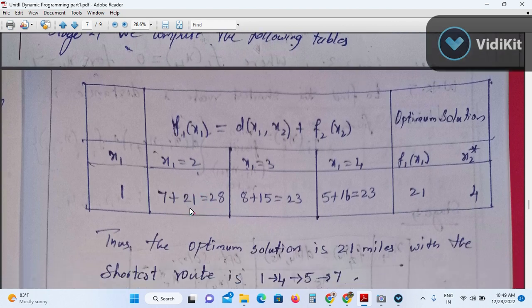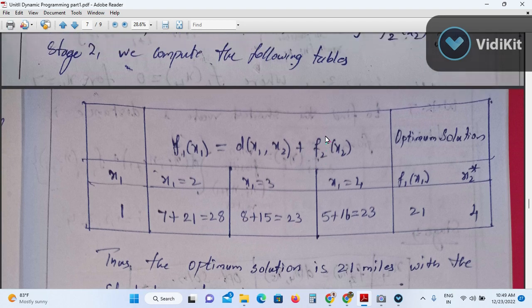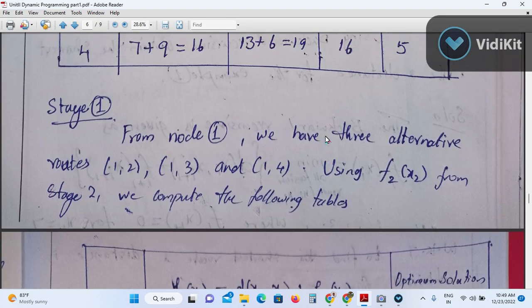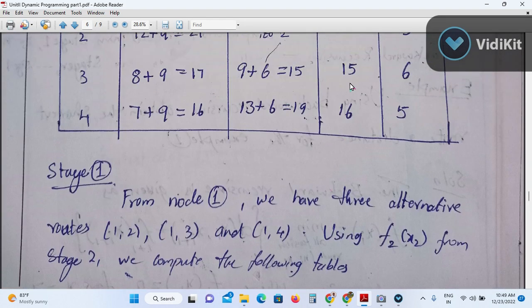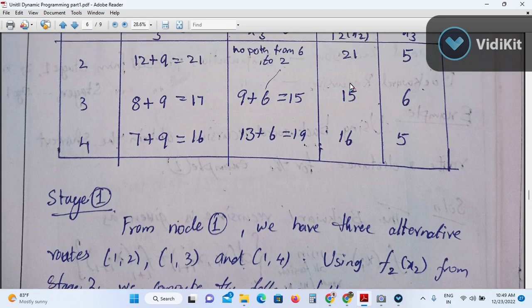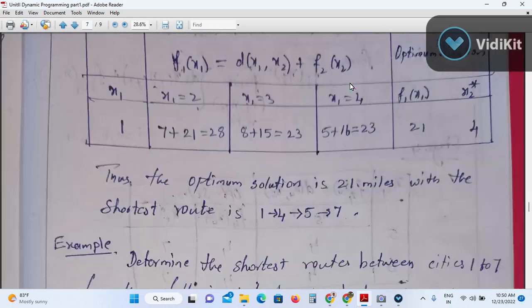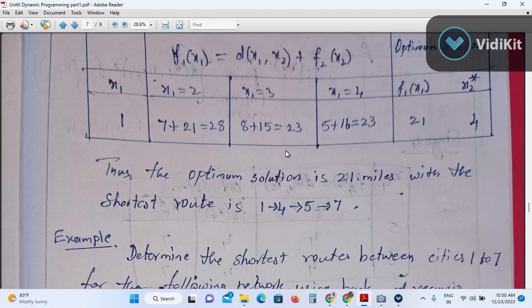Put f2 of x2 as 21, and the distance from node 1 to node 2 is 7. Similarly, from node 1 to node 3 the distance is 8, and at node 3 the corresponding f value from the previous table is 15.